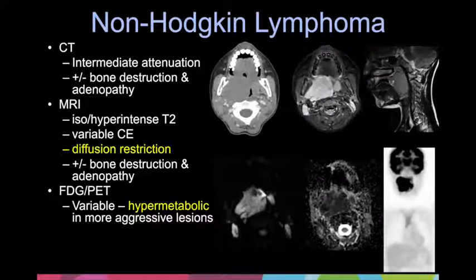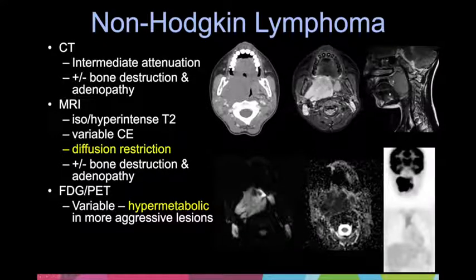When it presents as extranodal disease, it is typically intermediate in attenuation on CT, iso or hyperintense on T2 weighted images, frequently shows diffusion restriction with or without bone destruction. Here we see a 10-year-old girl with new onset snoring. She has a large right-sided parapharyngeal mass inseparable from the right palatine tonsil, significantly narrowing the oropharyngeal airway.